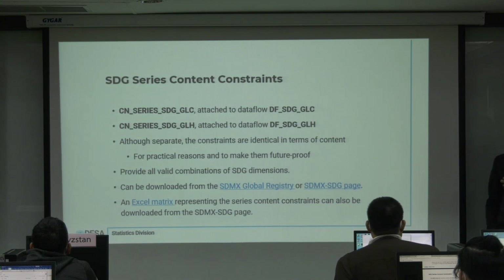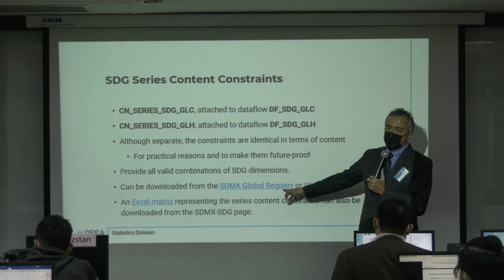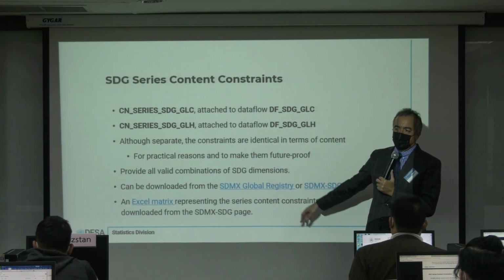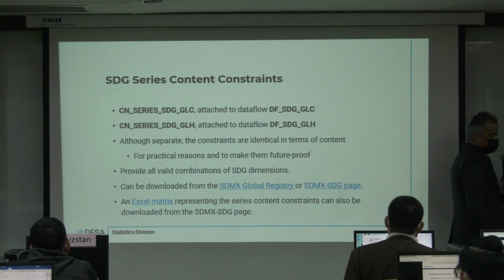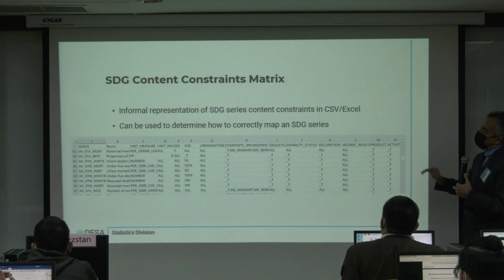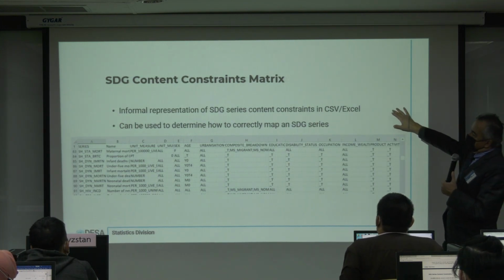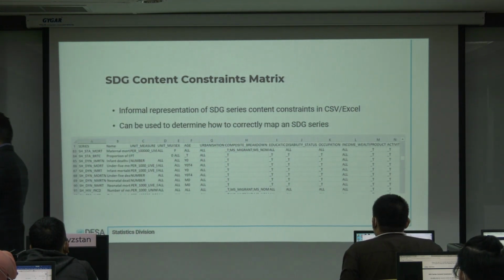But to be honest, it's not easy to read content constraints when you look them up at the Global Registry, which is why we created an Excel matrix, which is a representation of the SDG series content constraints.